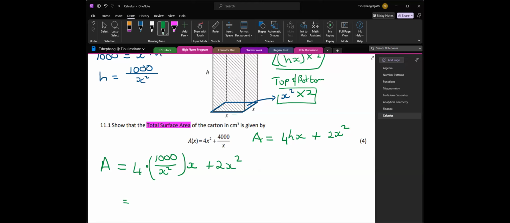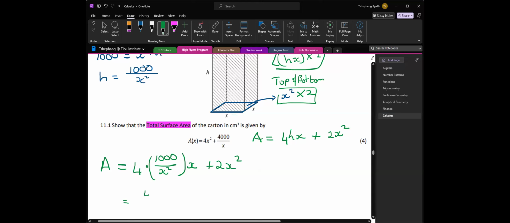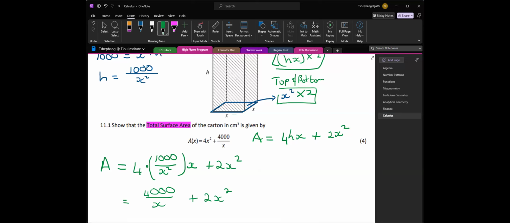Here we are going to have 4000 over x plus 2x squared. Okay, I'm going to go up and just double check if I haven't made any mistake. So 4,000 over x, I'm happy with that.